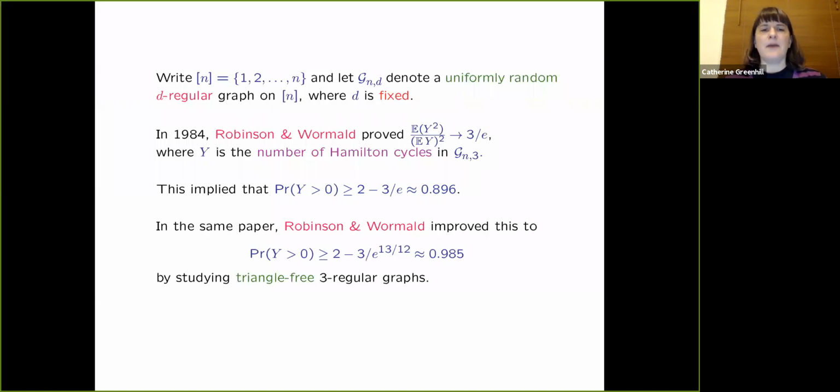Fine. In the same paper, they were able to improve this constant to about 0.985 just by looking at triangle-free random three-regular graphs. This is still quite a long way off 1 minus little o(1), but I guess it got them thinking that small cycles can have a big effect on the random variable.